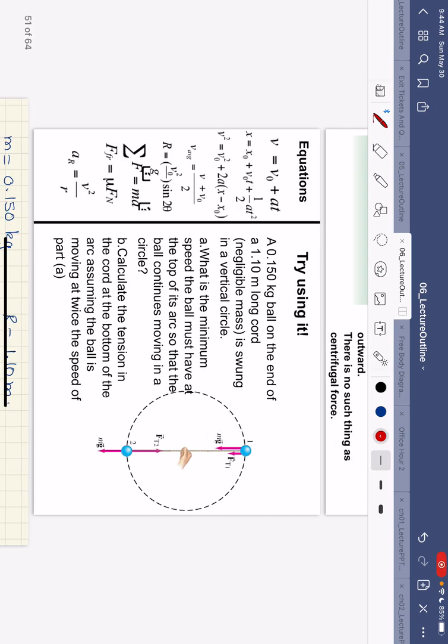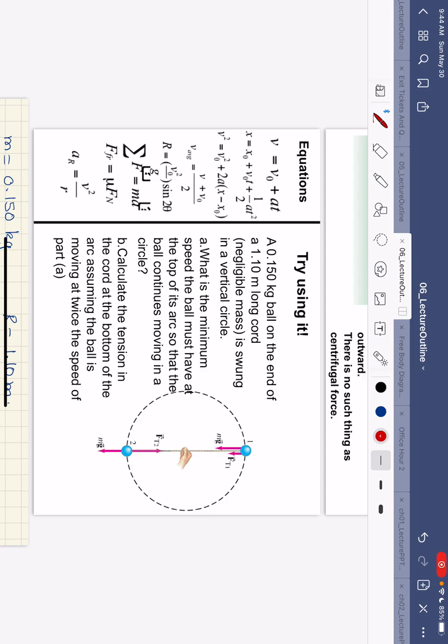All right. Okay, now we want to solve one problem related to circular motion with this mass in a string. We have a 0.150 kilogram ball on the end of a 1.10 meter long cord, that is, we are neglecting its mass, swung in a vertical circle.